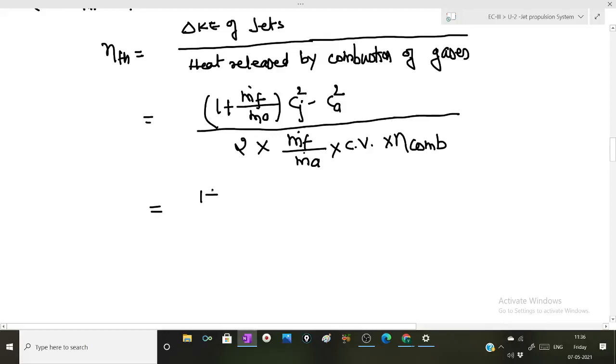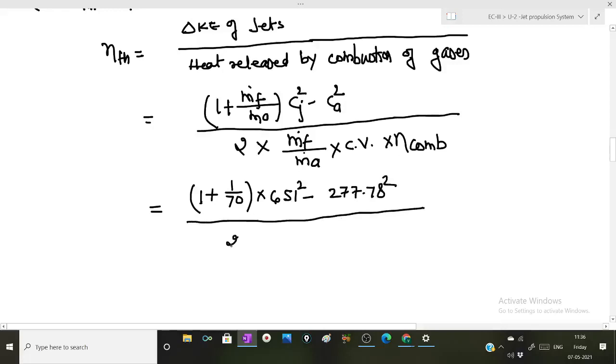Now putting all the values, 1 plus 1 by 70, Cj is 651 square minus Ca is 277.78 square, divided by 2 into fuel air ratio 1 over 70.